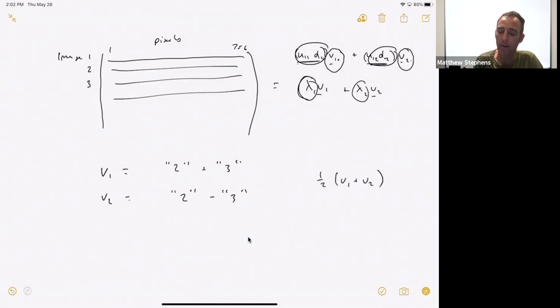So a 2 here would be the average of those 2, and a 3 would be the difference between the 2, right? Half V1 minus V2. So if you could capture that, you can get an average 2 and an average 3 out of these 2 eigen images.